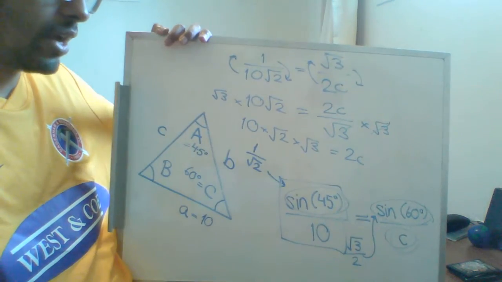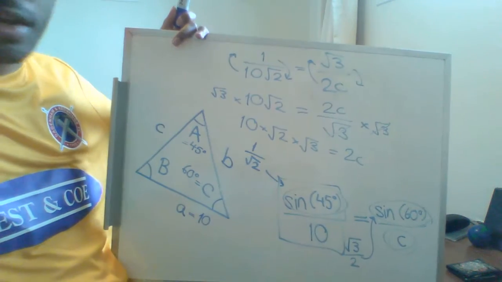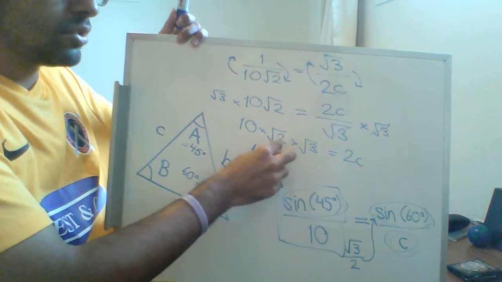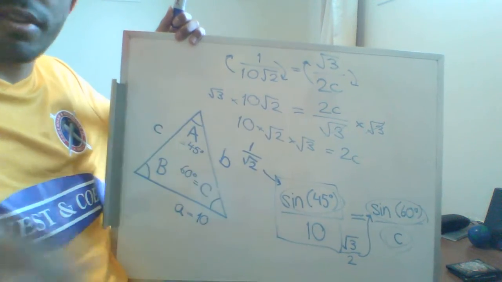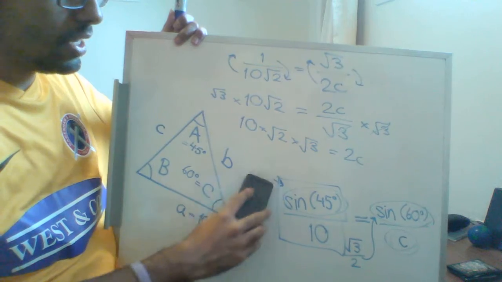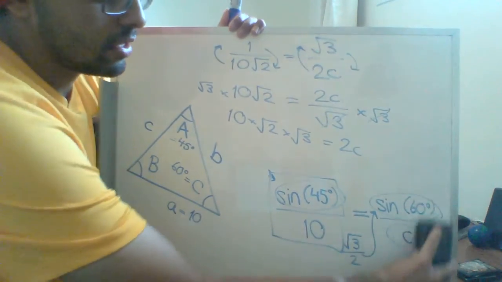Now root 2 times root 3, you're allowed to just call that root 6, since 2 times 3 is 6. So you can write it as 10 times the square root of 6.